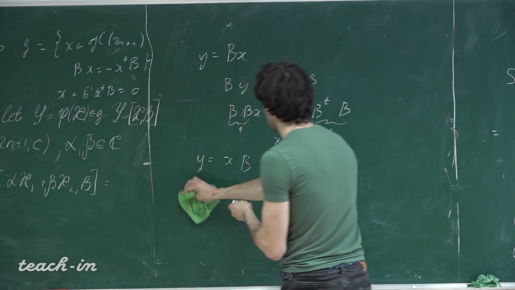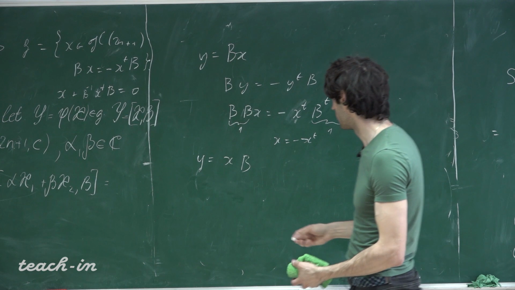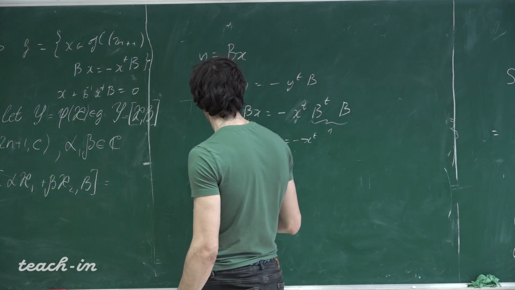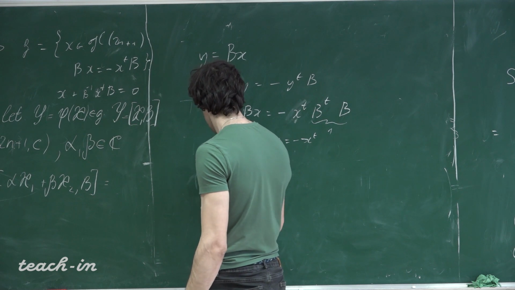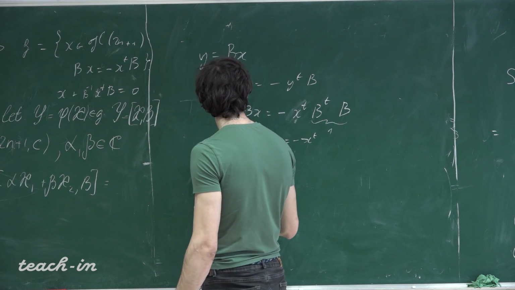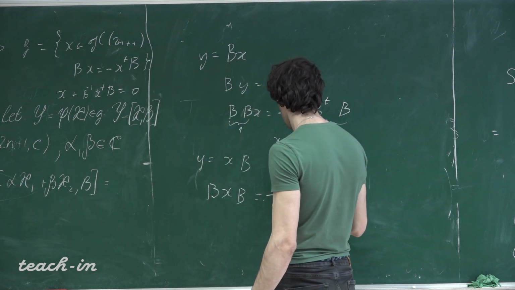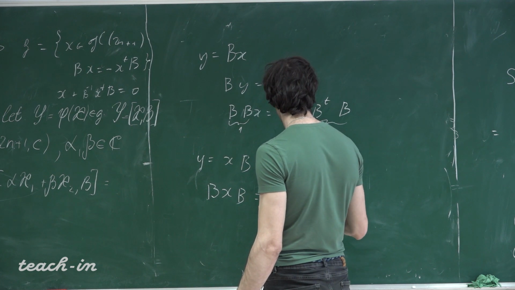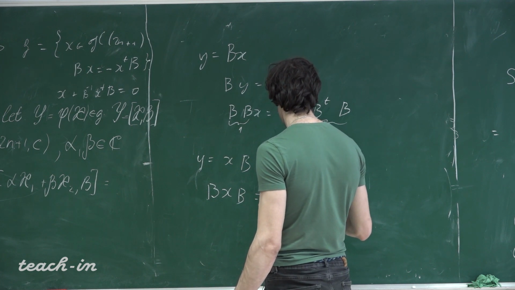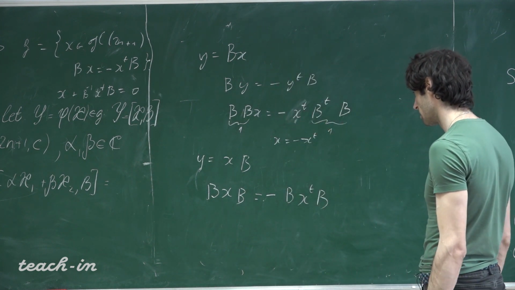So for y, if I just plug in, I will have bxb equals negative b transposed, which is b itself, x transposed b, right?